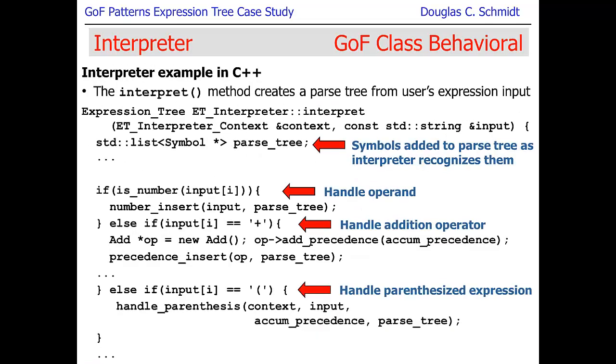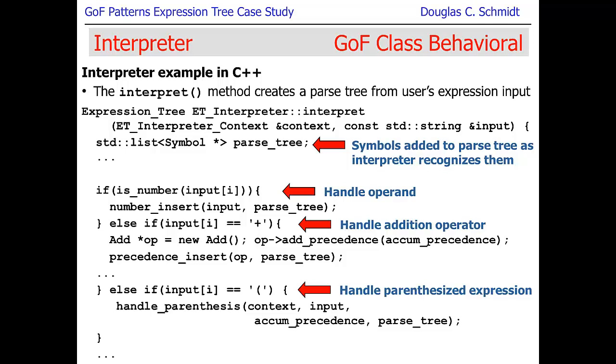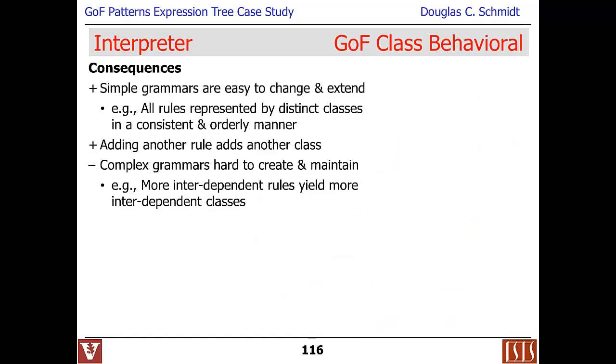What it's basically doing when all is said and done is building up the parse tree with a bunch of symbols. The parser has to know all the rules, and of course, it also has to be given the right input. We'll talk a little bit more about this in a second. Some of the consequences: you want the grammars to be simple. If you have really complicated grammars, it's hard to do all this manually.